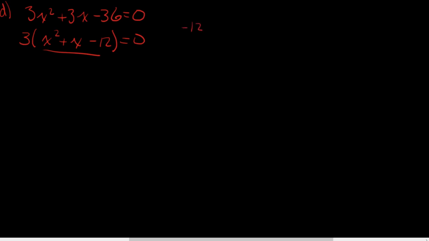I need two numbers that multiply to negative 12 while adding to positive 1. And you should get negative 4 and positive 3. Excuse me, positive 4. And let me just erase this. Talking faster than my brain can think. Positive 4 and negative 3 will give me positive 1.